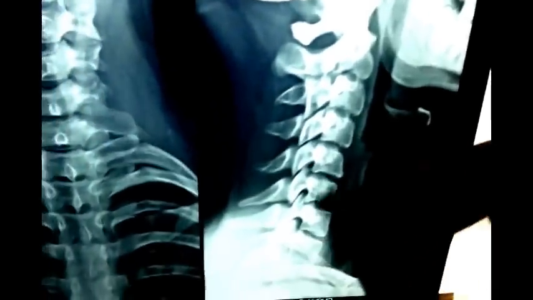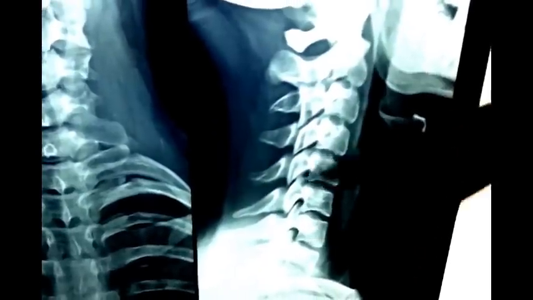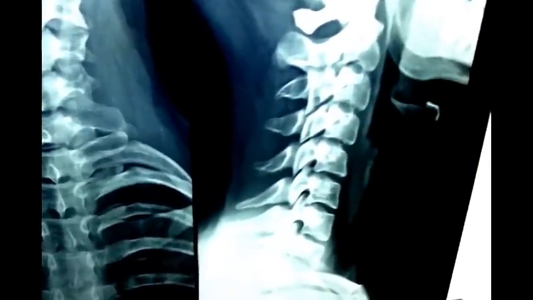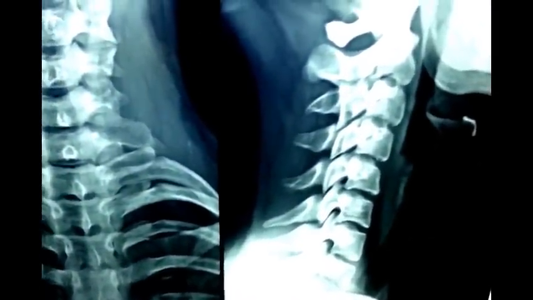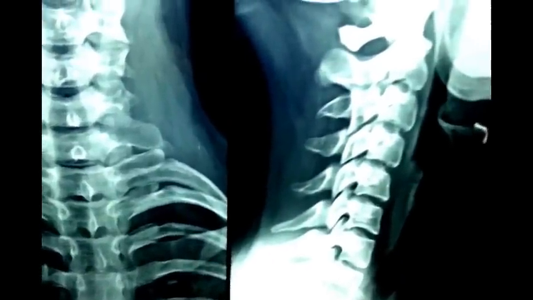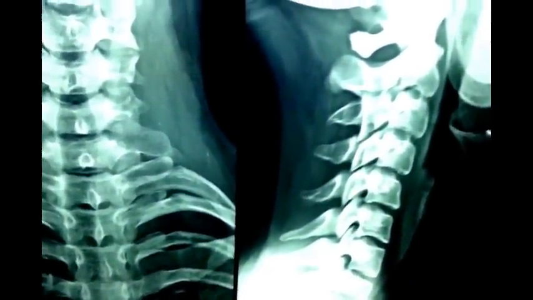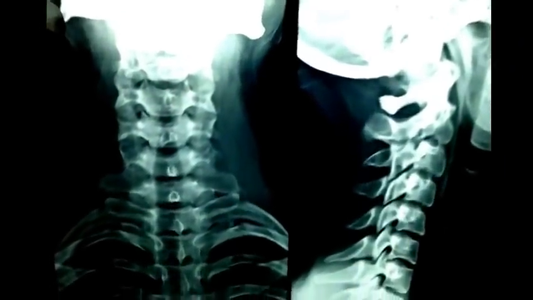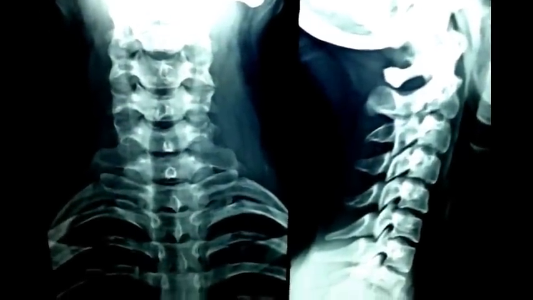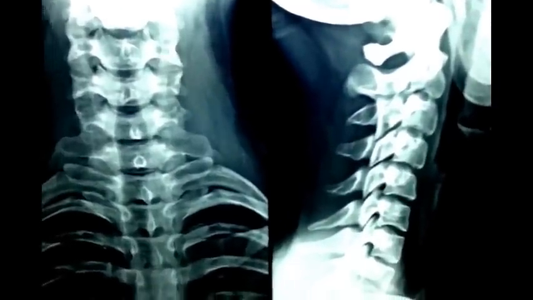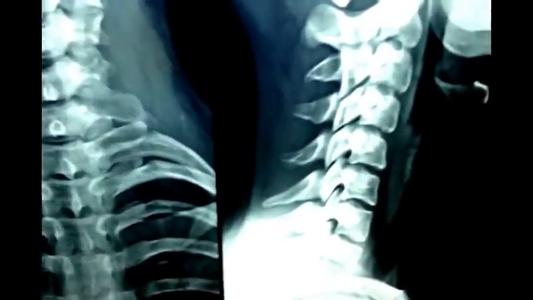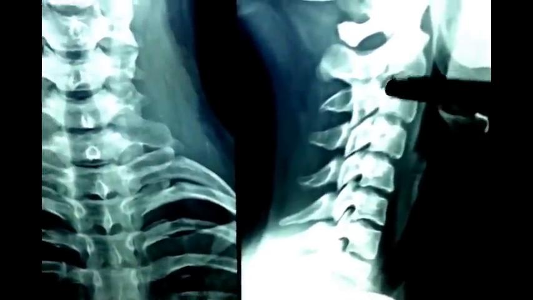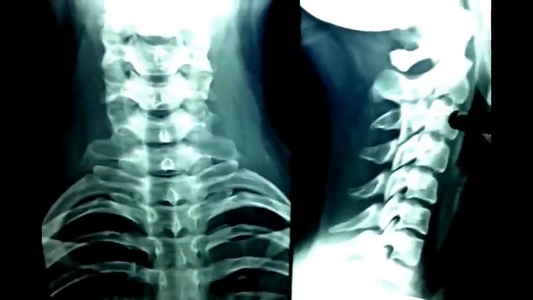Now coming to the point that it is a case of cervical straightening. Now the possible causes in the 20-year-old girl may be more use of cell phones, poor posture of the neck, and there may be a muscle spasm, or it may be a sudden movement of the neck which caused a muscle spasm and straightening, as these vertebrae are connected with muscles.